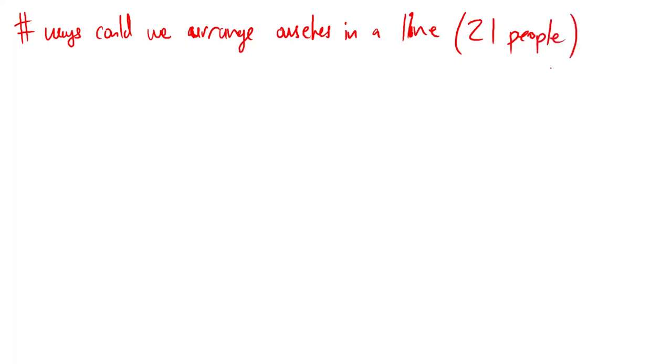You could draw it out, because there's 21 ways we could pick the line leader, and then 20 ways we could pick the next person, and on down. Or we could shortcut it and know that the number of ways we can rearrange 21 objects is 21 factorial.